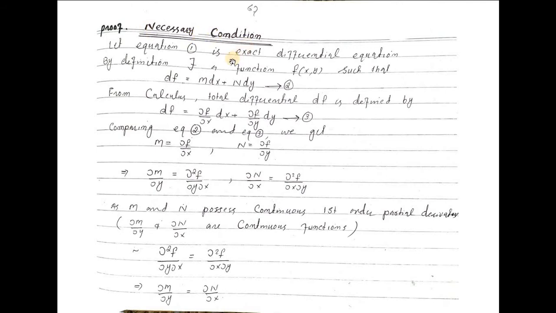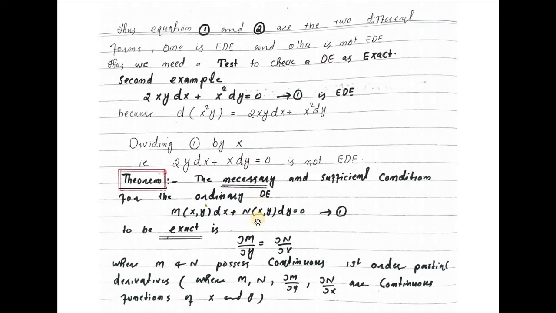Necessary condition. In the given theorem, we start from the necessary condition. Let this be equation number 1. Now we start from this equation to be exact, and we have to prove that del M over del y is equal to del N over del x.